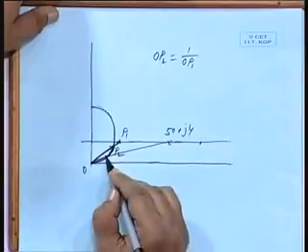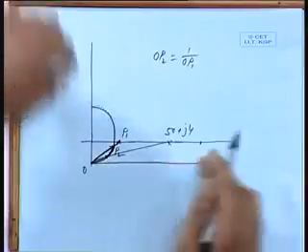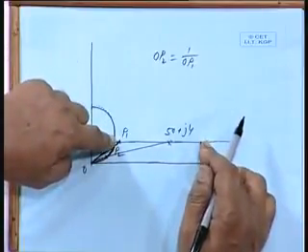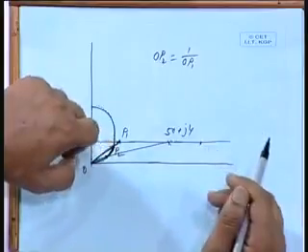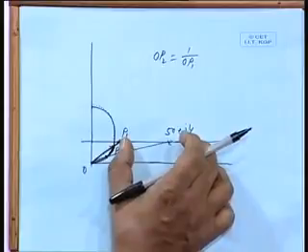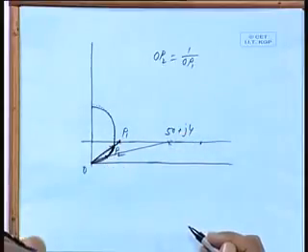So, this is the portion which represents that segment, 5 to 50 of the resistance plus j4. So, this is represented by this segment, and the inverse of that is represented by this segment.